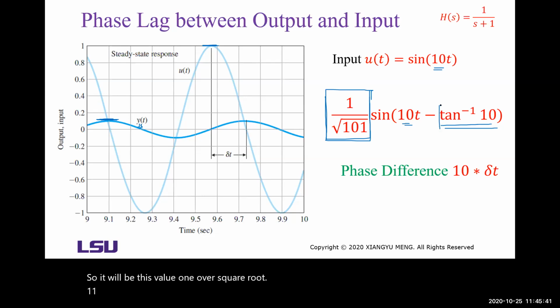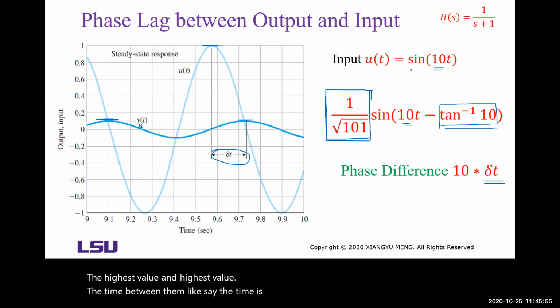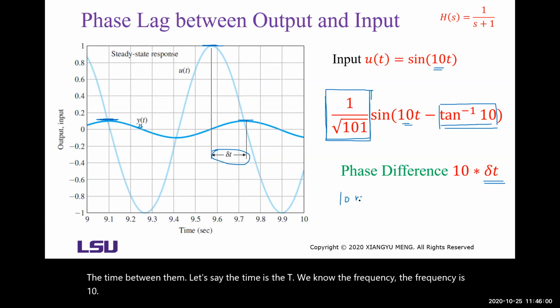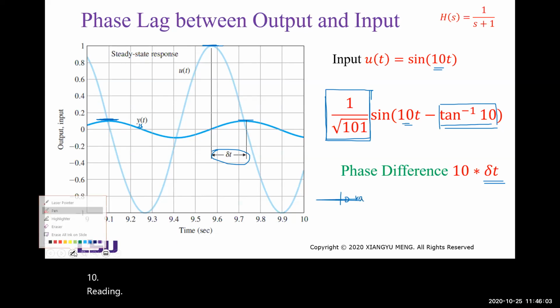Then for this phase, we can calculate the time between the highest value of the input and the highest value of the output. Let's say the time is t. We know the frequency is 10 radians per second.